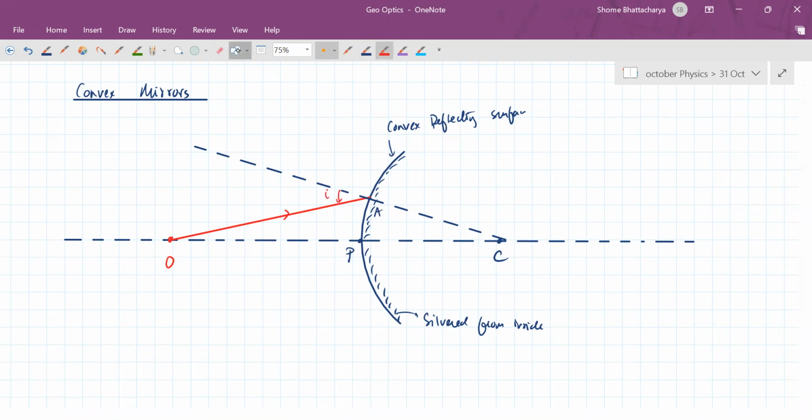After reflection, it has to deviate in such a way that when you produce the reflected rays back, they appear to be coming from a virtual point I over here.